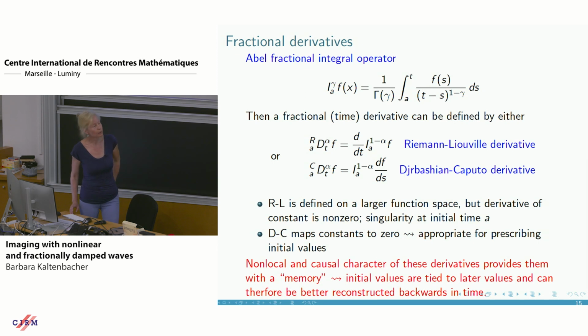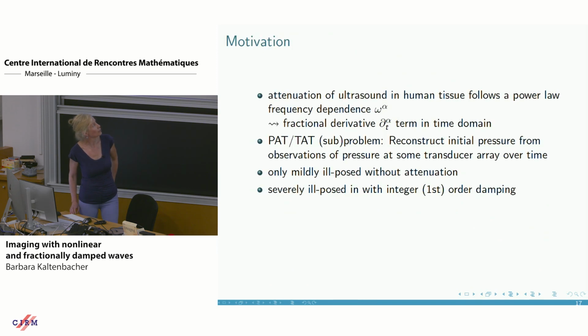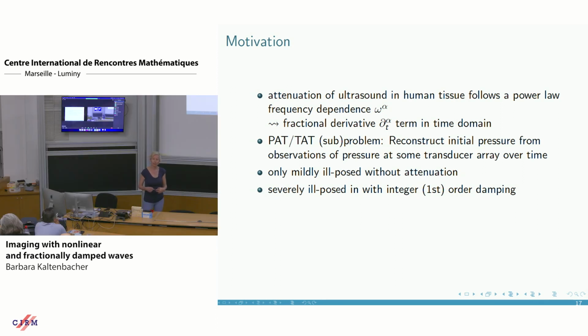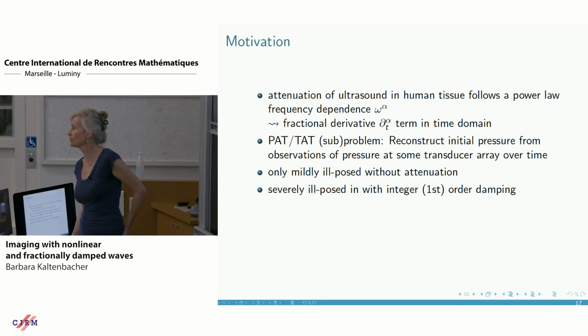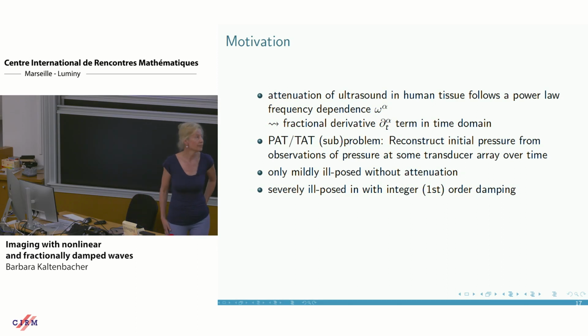An example for doing that is photoacoustic tomography. Photoacoustic tomography is about reconstructing an initial pressure from measurements along the timeline at the boundary, as we will say mathematically. Physically, it's some array of usually piezoelectric transducers in order to record the pressure.